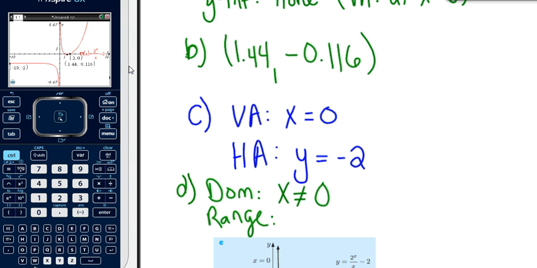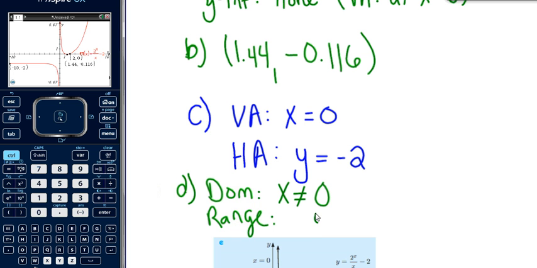So the range, we can say y is less than -2, so not including -2, or we can say y is greater than or equal to -0.116.